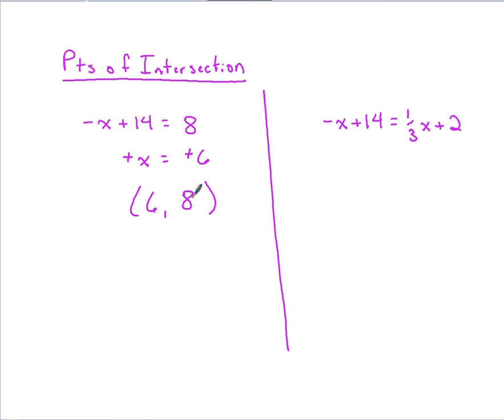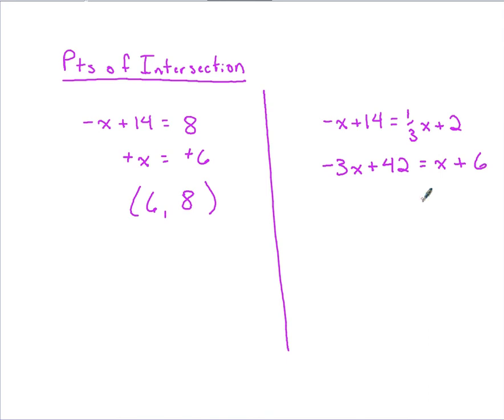For this equation, solving for x, might want to multiply everything by 3 first to clear that fraction. If you do that, you've got negative 3x plus 14 times 3 would be 42 equals, multiplying by 3 here clears the fraction, leaving you with just x, plus multiply by 3 here, it's 6.